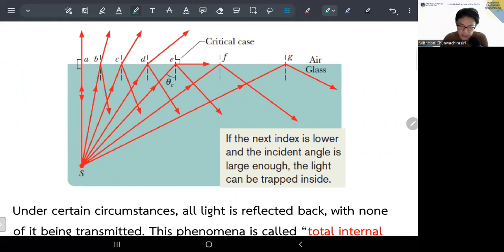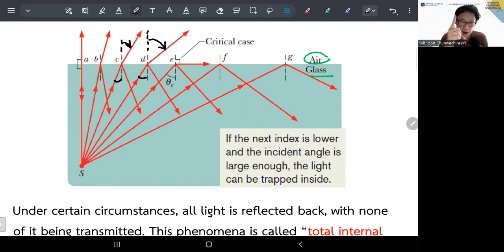Imagine this scenario: you're going from glass to air, from a bigger N to a smaller one. The deviation of the light is away from the normal. Look at this, you come in small, you go bigger, because the deviation is away from the normal.